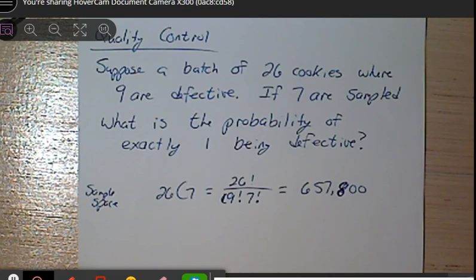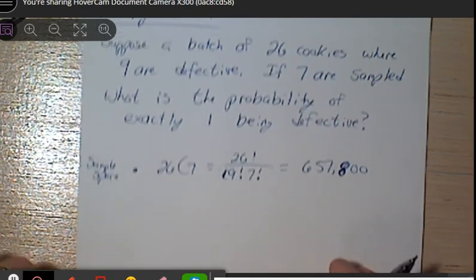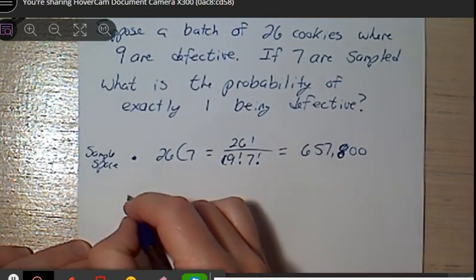Okay, so of that we've got one of the 9 that's defective. So you kind of have to do this one in little spots here. The first thing is we've got our sample space.